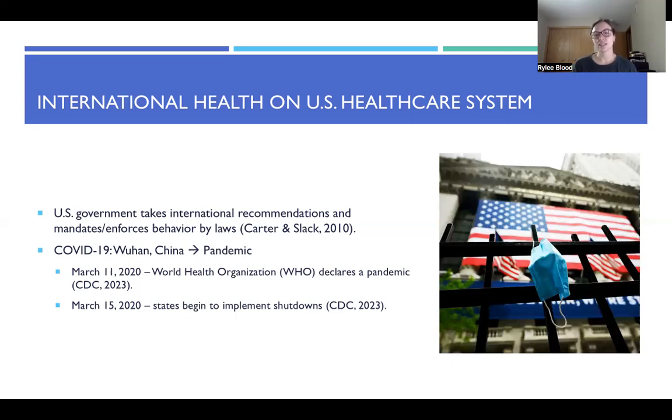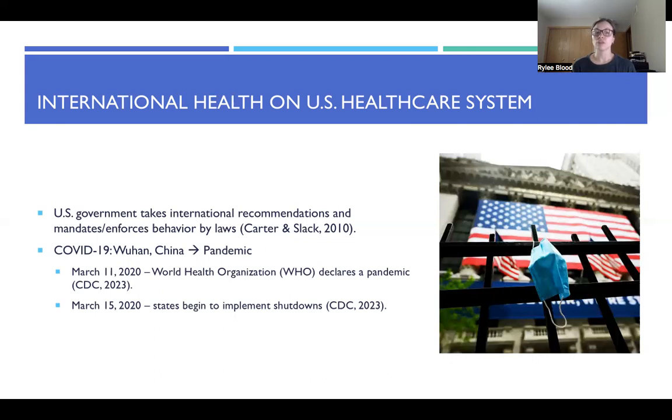Now, how did we as the United States healthcare system respond to that? So we took the recommendations of the World Health Organization and essentially began to shut down the nation. States individually decided when to shut down their states and the government.